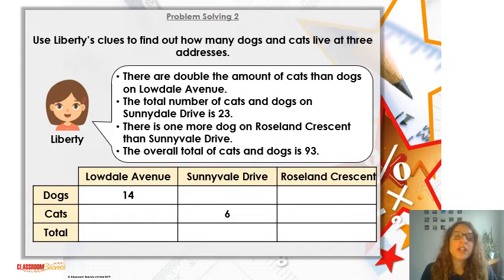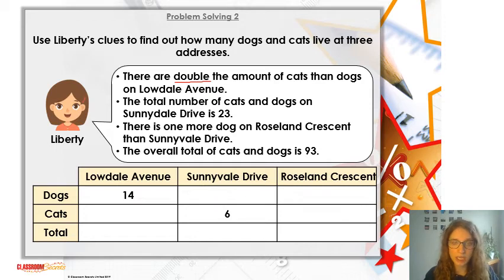Okay, so use Liberty's clues to find out how many dogs and cats live at 3 addresses. There are double the amount of cats than dogs on Lowdale Avenue. Okay, so we can use that one already. Okay, so double the amount, so timesing it by 2, of cats than dogs.